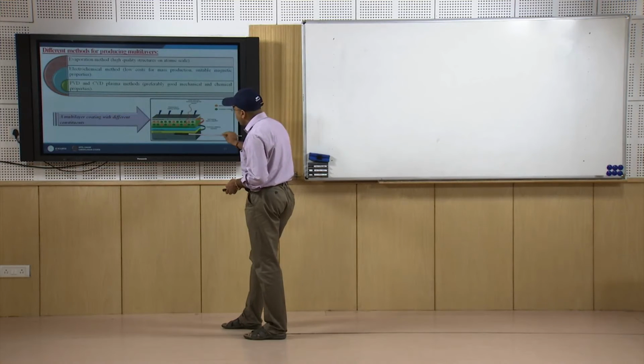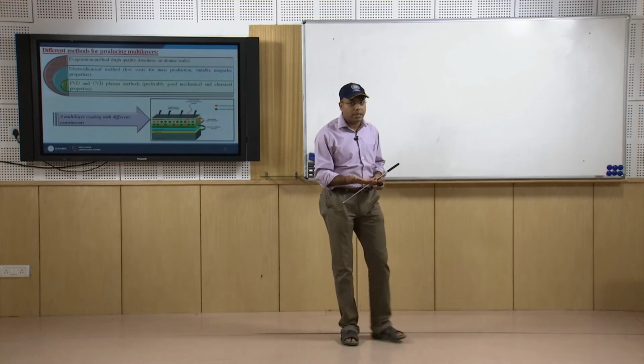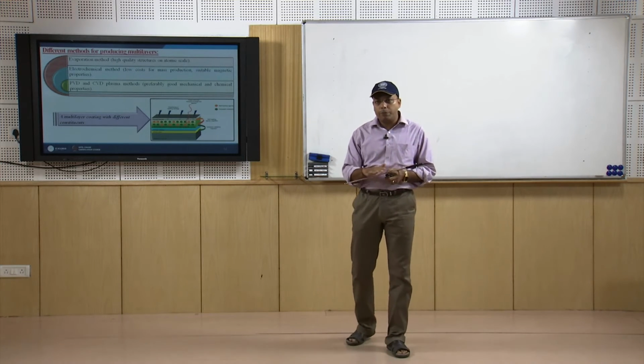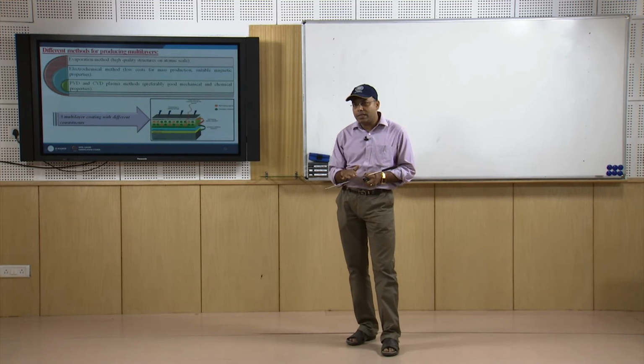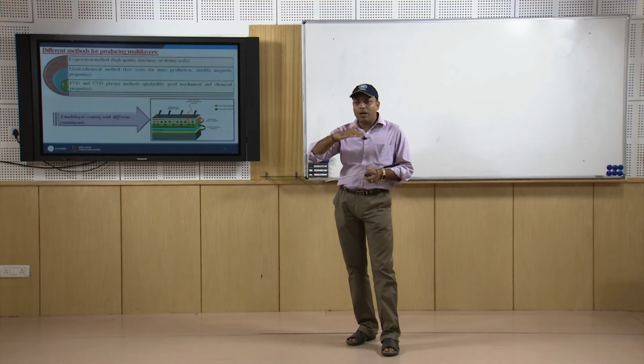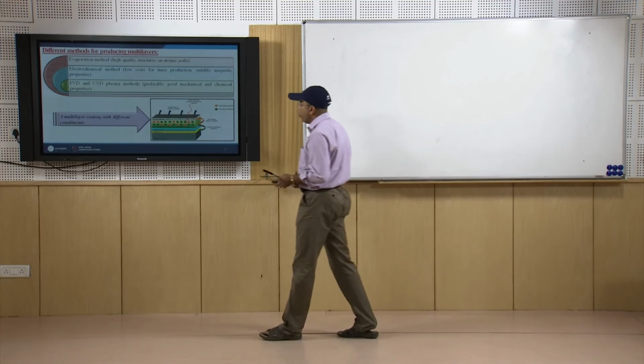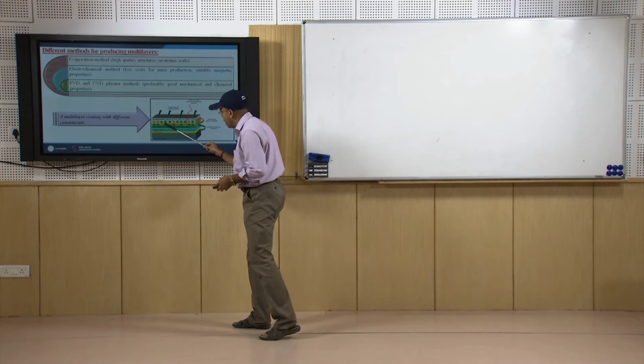So, when you are talking about the multilayer, from the name itself you can understand that I am having the substrate, on top of that we are putting one layer of one material, then on top of that layer again we are putting a layer of another material. So, like that one by one, we are making a sandwich like structure. A multilayer coating with different constituents generally looks like this.